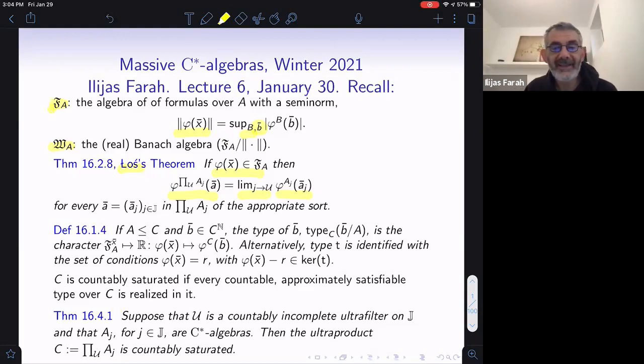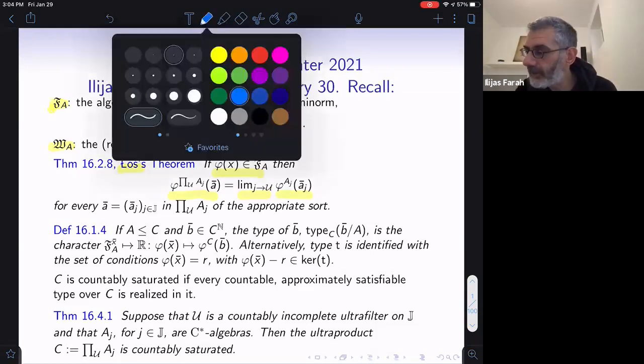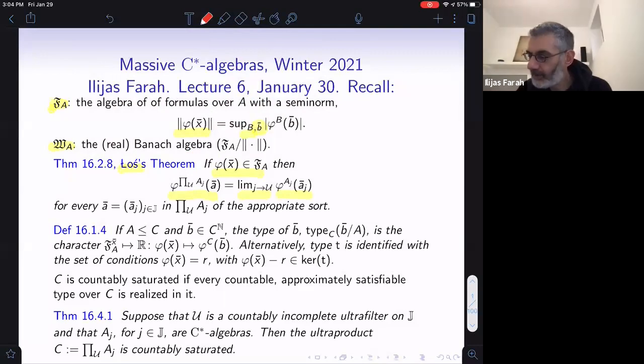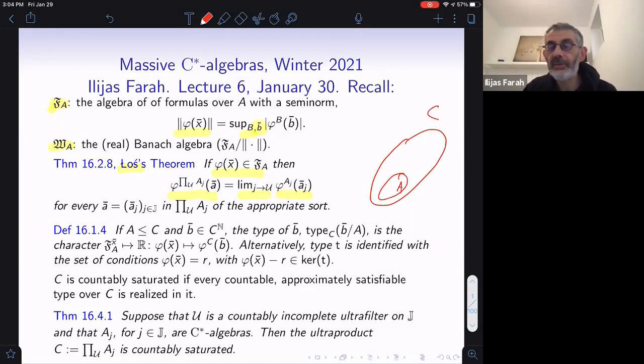We also defined the type. Now, this is an important definition. We'll spend a lot of time on it, so let me say a few more things about it. Again, you have this algebra A, over which we are considering formulas. There is this big algebra C, which may or may not be saturated. That doesn't really matter. And now we have some element B of C. It could be a tuple, but let's just think of it as an element.